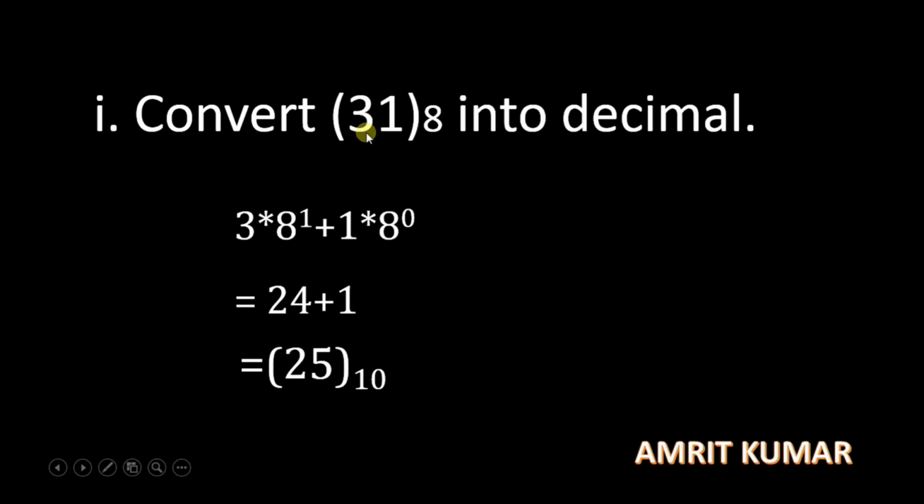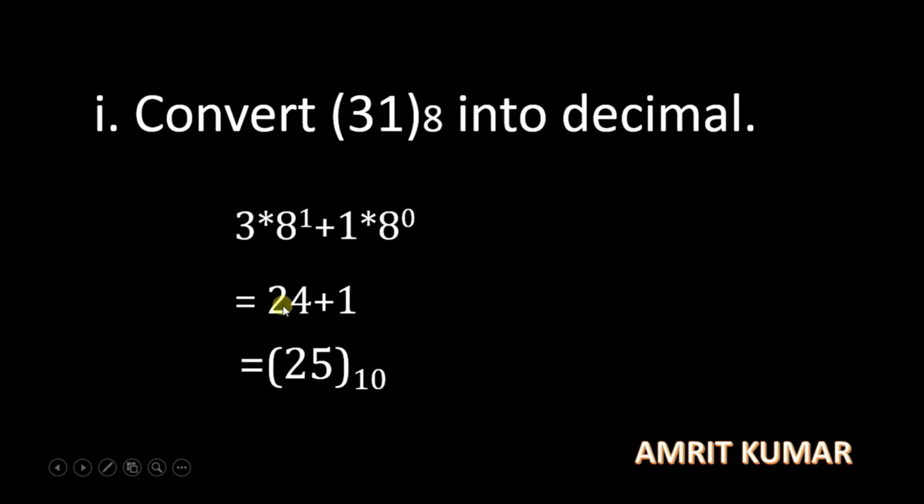And this number has index 1, therefore I am multiplying it with 8 to the power 1. After calculating, 1 into 8 to the power 0 is 1, because something to the power 0 is 1. Therefore 1 into 1 is 1. 8 to the power 1 is 8, into 3 is 24.